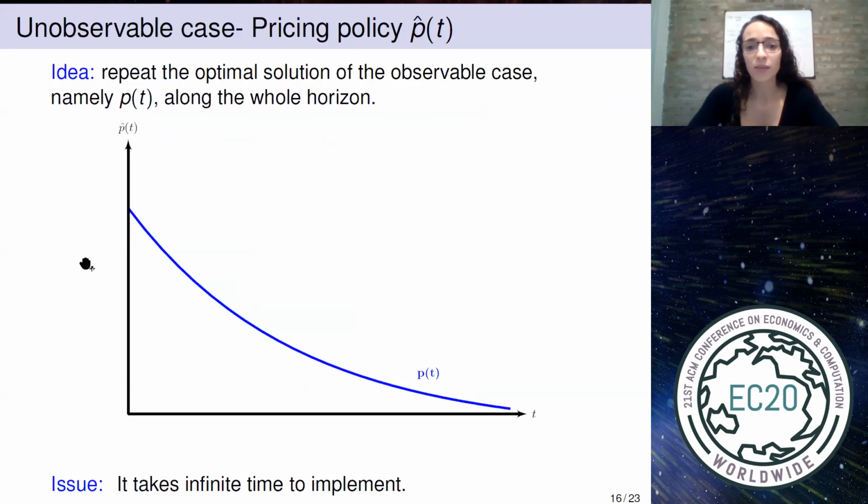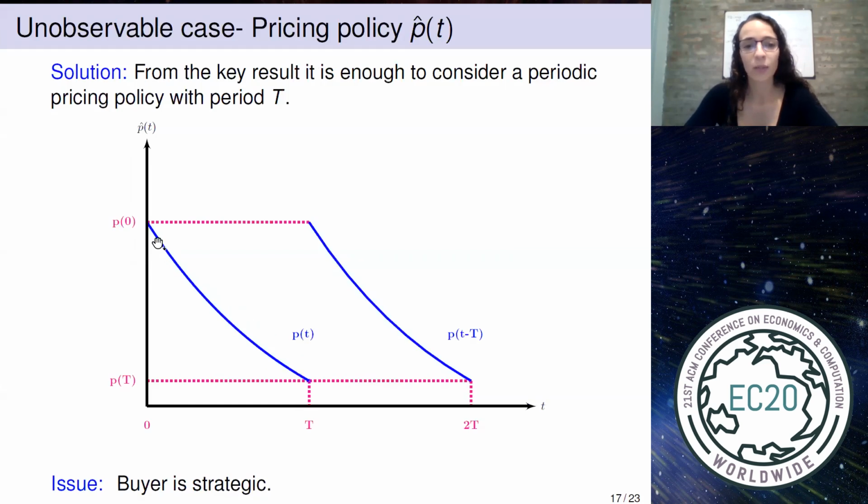This allows us to, instead of repeating the whole price function, just repeat the first t units of time. So we consider a periodic function with period t, where we repeat a portion of the optimal solution for the observable case.